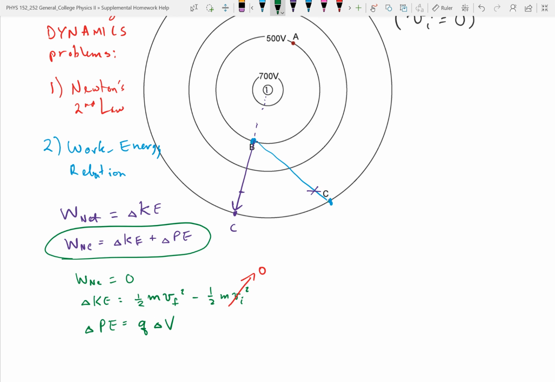So all we have to do is find the change in voltage and put these numbers in. What is the change in voltage? What is VB equal to? 500 volts. What is VC equal to? It's minus 100.